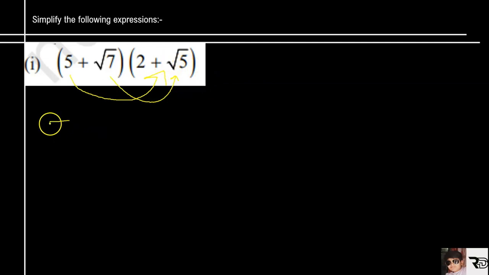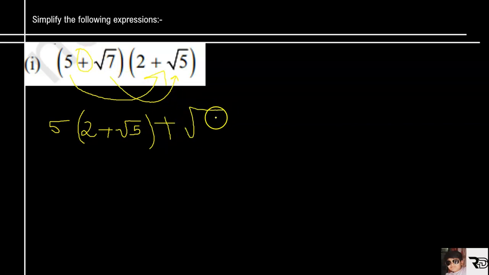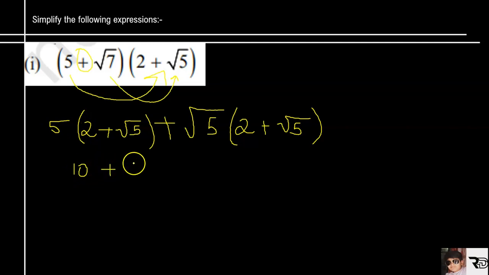So I'll write this down for you. This becomes 5 whole into 2 plus root 5. Now since root 7 carries the plus sign in the question itself, I would write plus over here. So this becomes plus root 5. Again the same bracket would be multiplied from root 5 as well, which is 2 plus root 5. Now let's see, 5 into 2 gives me 10. 5 times root 5 gives me 5 root 5.